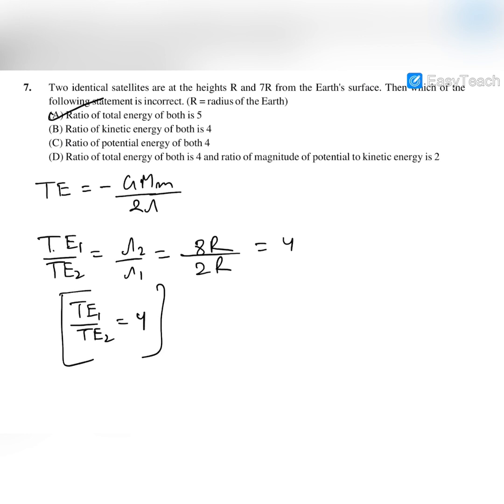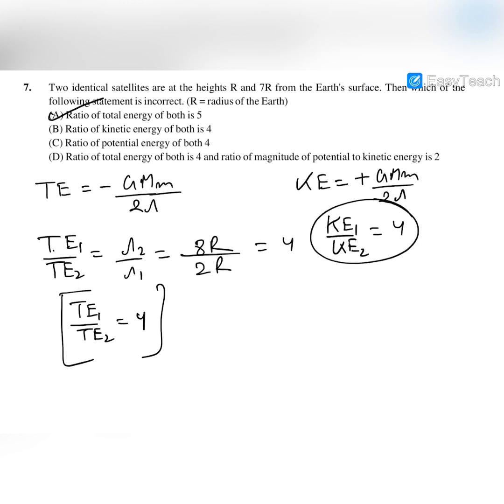Now the ratio of kinetic energy. You also know that the kinetic energy is equal to minus of total energy, and hence it is GMm by 2r. Therefore the ratio of kinetic energy will also be the same as that of total energy, so it is 4. So this is correct.